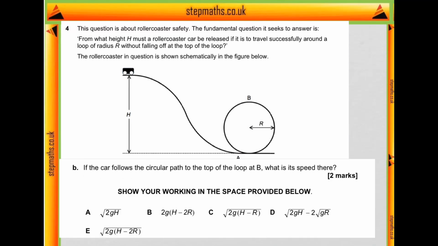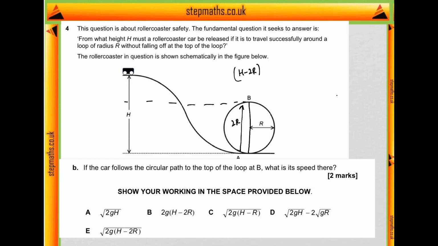Now in this part of the question, we're told that the roller coaster follows a circular path and reaches the top of the loop. We need to find the velocity there. So now we're going to use conservation of energy, but we need to think more carefully about the change in height. This height here is going to be the diameter, so this is going to be 2r. Therefore, the change in height is only h minus 2r.